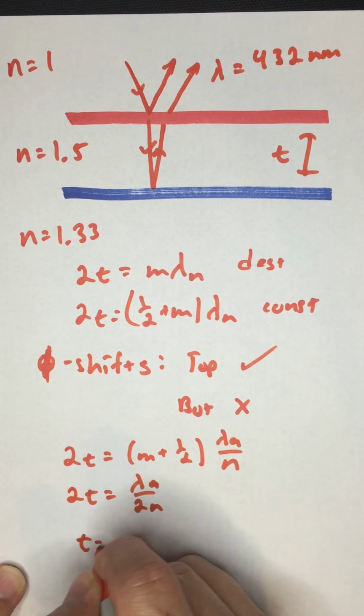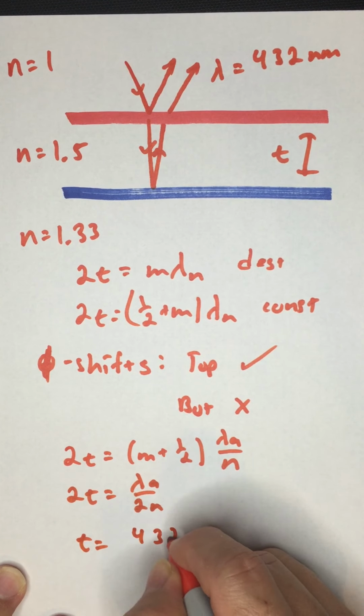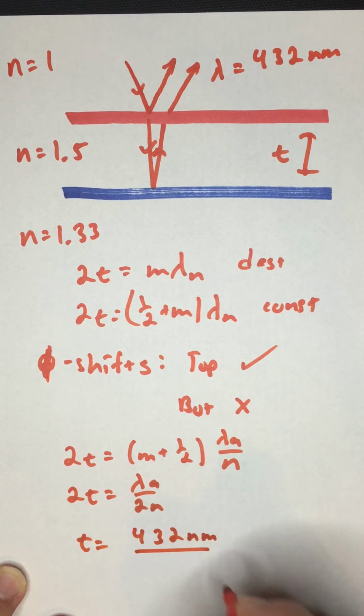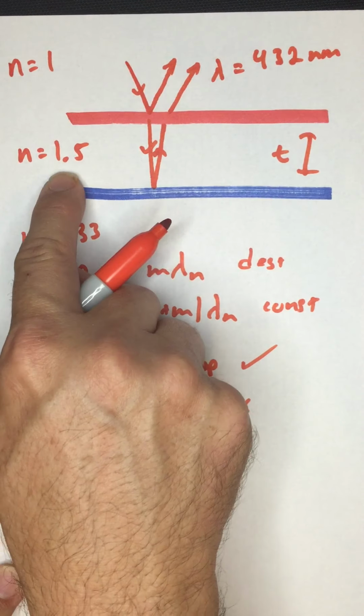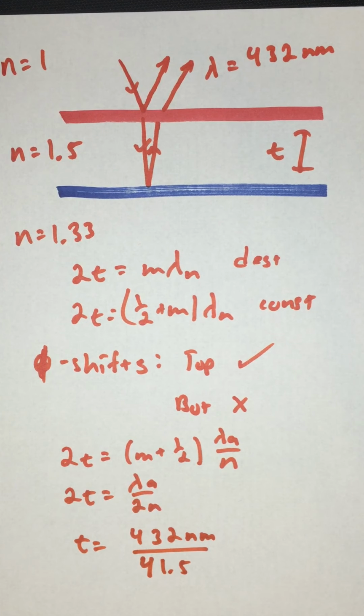So it looks like T is equal to lambda air, 432 nanometers, over 4 times n, which is 1.5. Let me actually run this number. Would have helped if I had a calculator available already. Here I am, being unprepared.